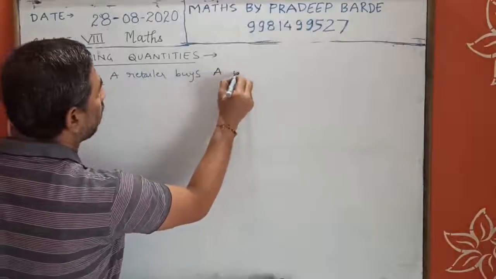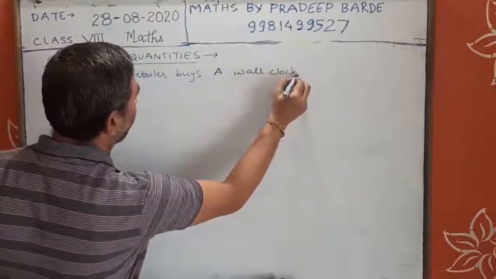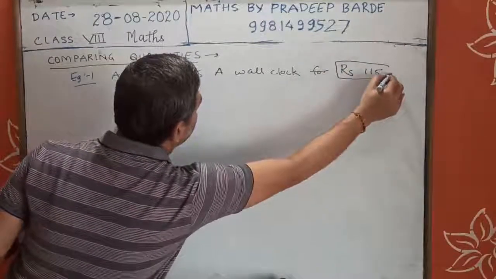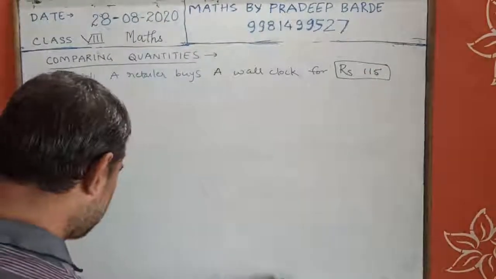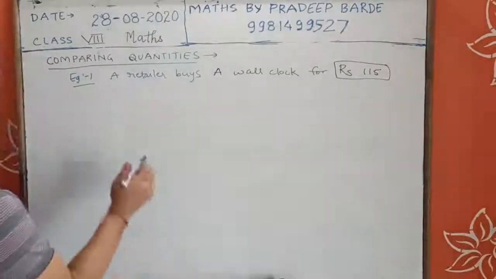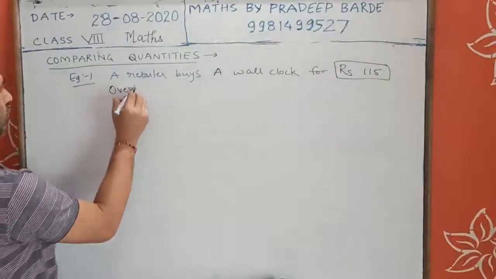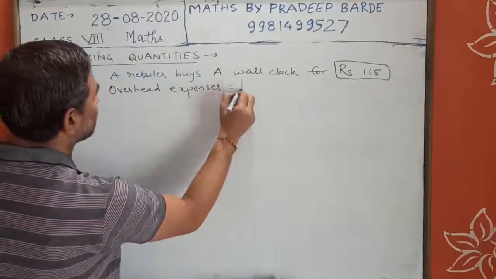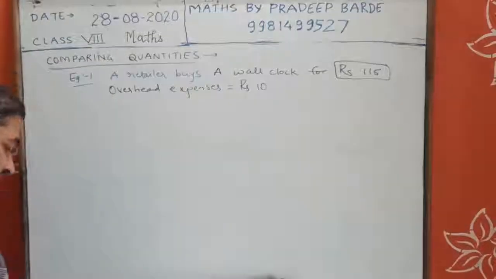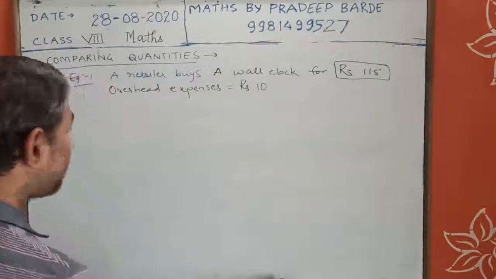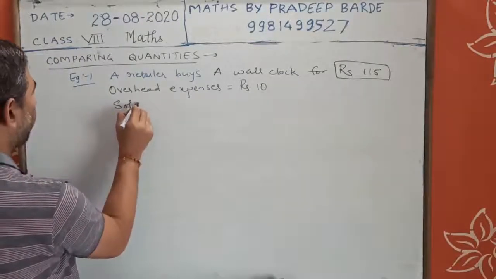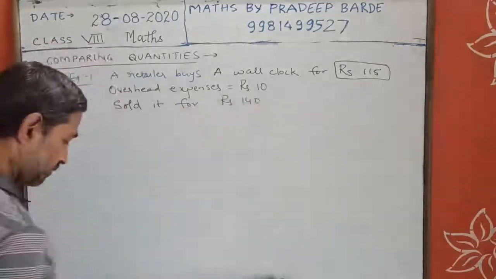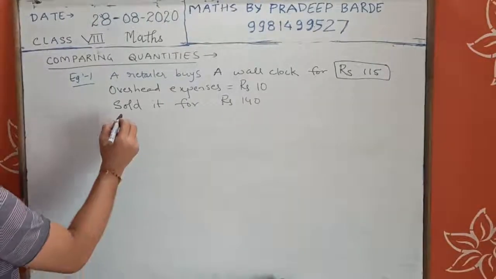His overhead expenses are rupees 10. Sold it for rupees 140. Find gain or loss percentage.